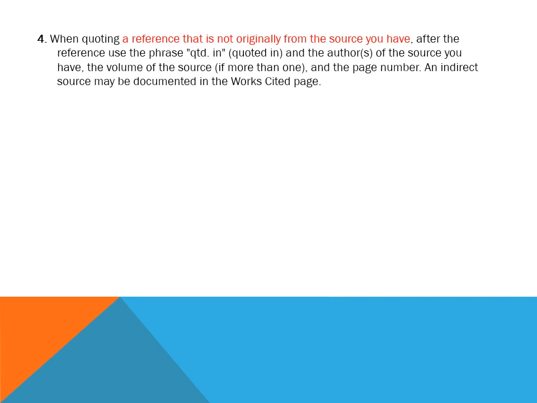Code 4. When you quote a reference that is not originally from the source that you have, we call this indirect citation, which means you quote a work that has already been quoted in the source that you are taking the information or the idea from. All you need to do is create a parenthetical citation and put this code: qtd. in, then you put the family name of the author.